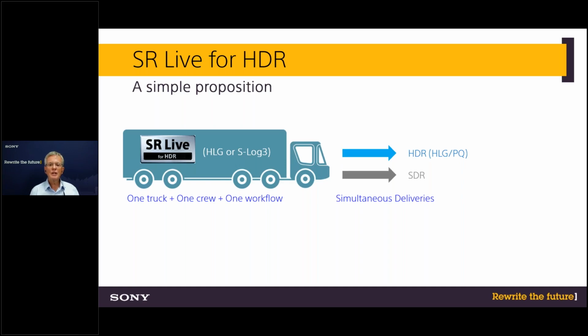From the truck, we can derive simultaneously standard dynamic range and high dynamic range in either PQ or hybrid log gamma for delivery to home.